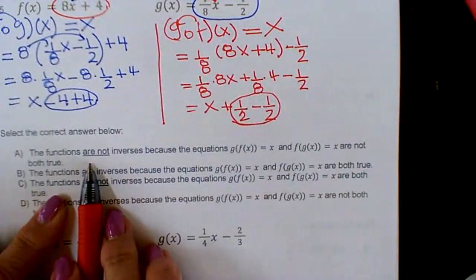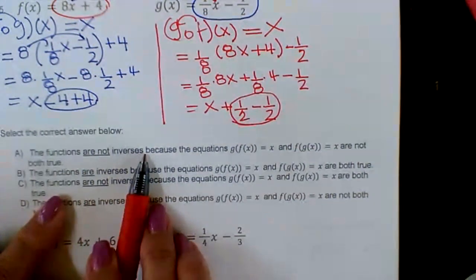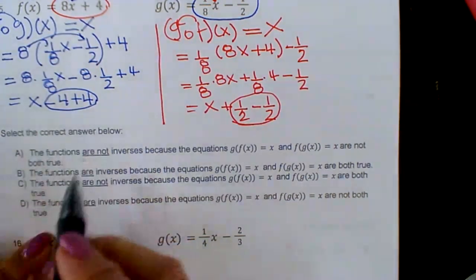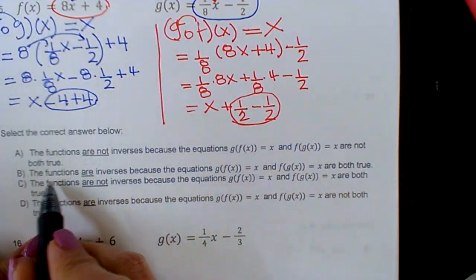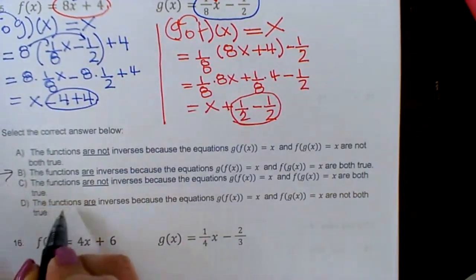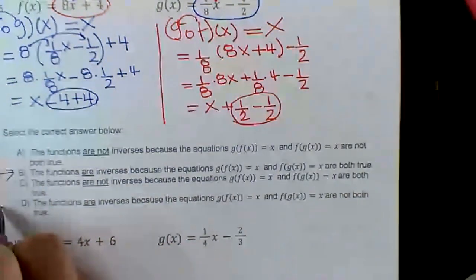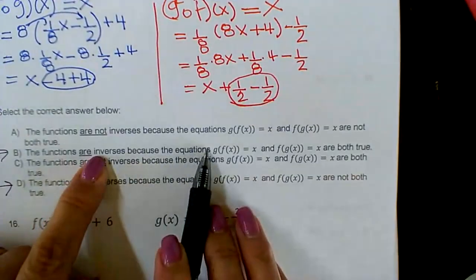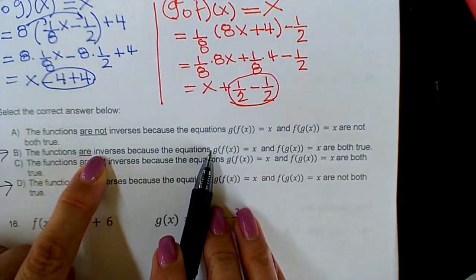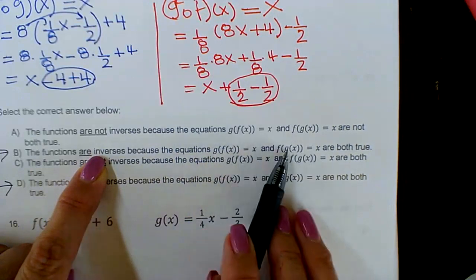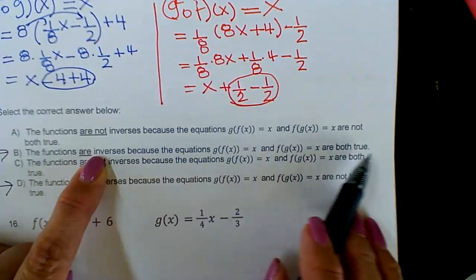They say the functions are not inverses. Okay, that's not my answer. Right away we know this is not it. The answer is, the functions are inverses. Okay, and the functions are inverses. So let me read more. Because the equations g of f of x is equal to x and this is equal to x are both true.